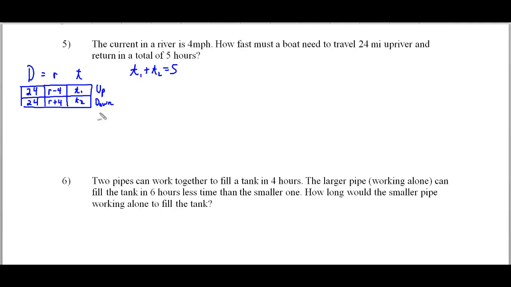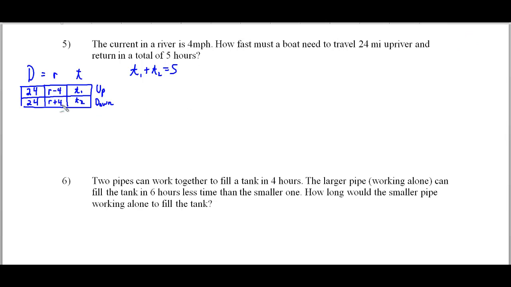Like the previous problems, we're going to isolate our T1 and T2 and then get what we need for our rate, because we need to figure out how fast the boat must travel in still water to go upriver and downriver that distance.